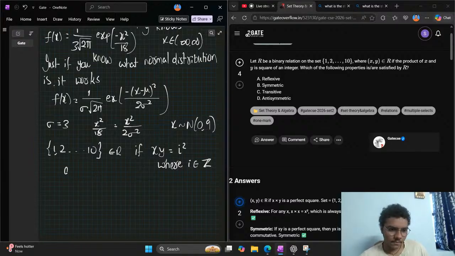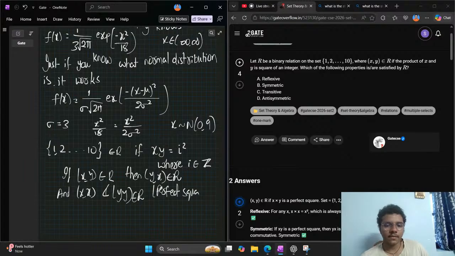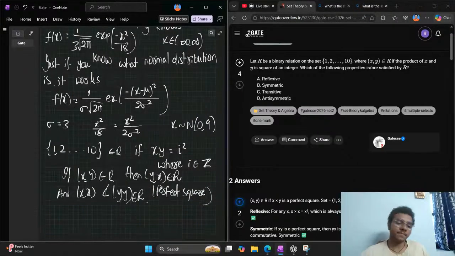So if x comma y belongs to R, then y comma x belongs to R, and x comma x and y comma y belong to R. Perfect square. So it is reflexive, it is symmetric, and let's see if it is transitive.